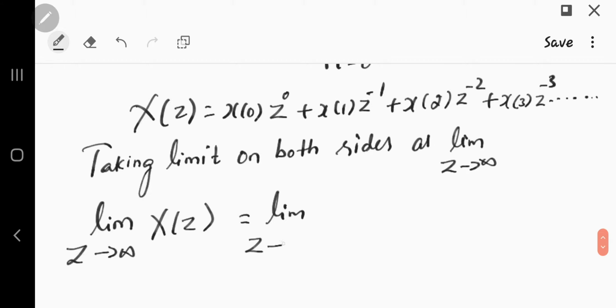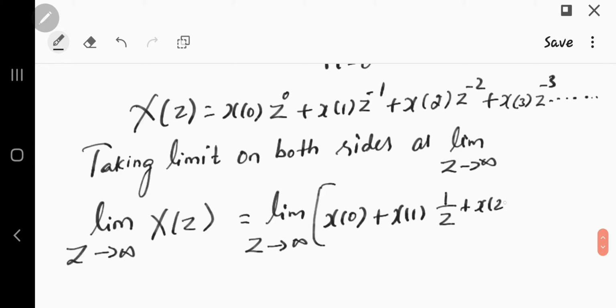Limit z tends to infinity of x of 0 plus x of 1 times 1 by z plus x of 2 times 1 by z square plus so on.